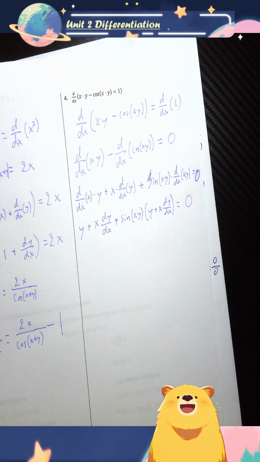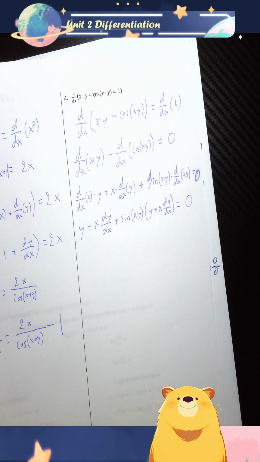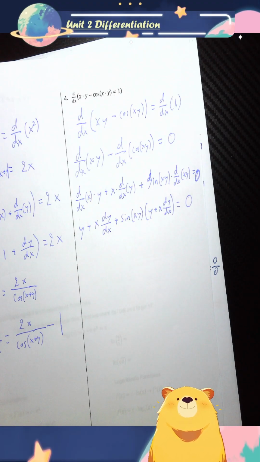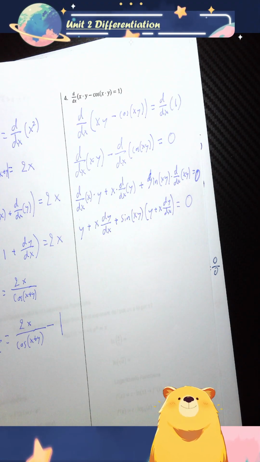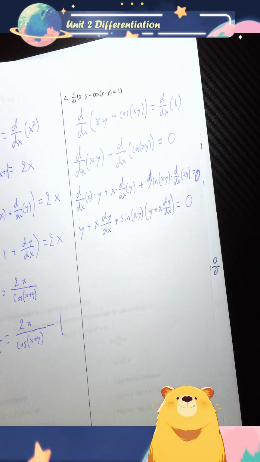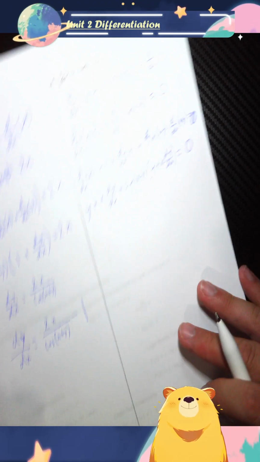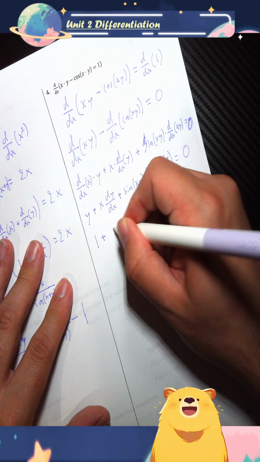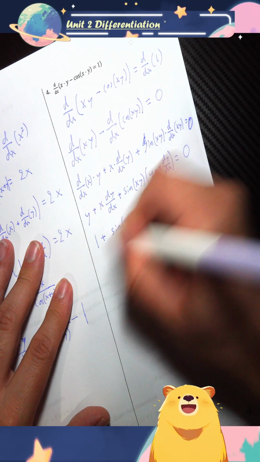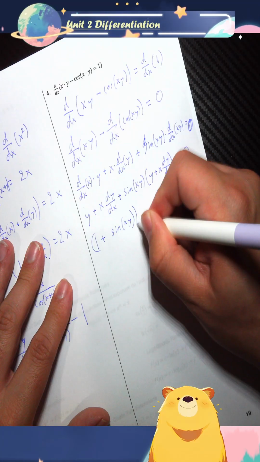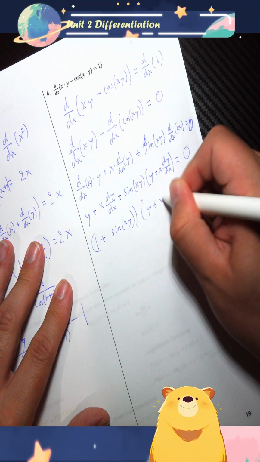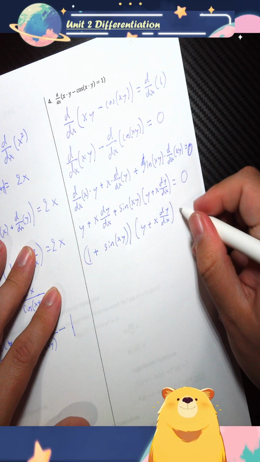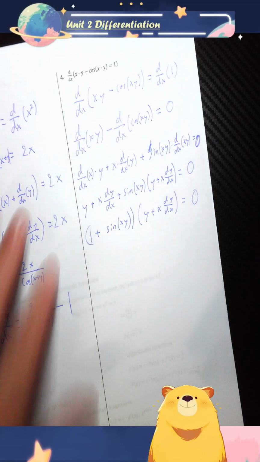Now I'm going to go ahead and use the fact that technically this is just glorified factoring. So that's what I'm going to do. I'm going to have it to where it's 1 plus sine of xy times y plus x dy dx is equal to 0.